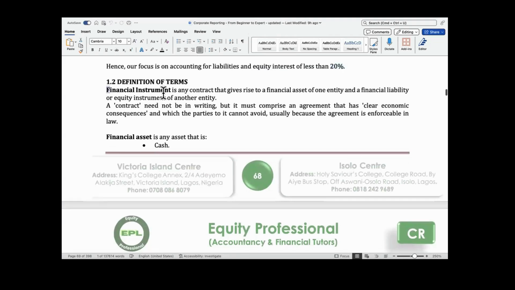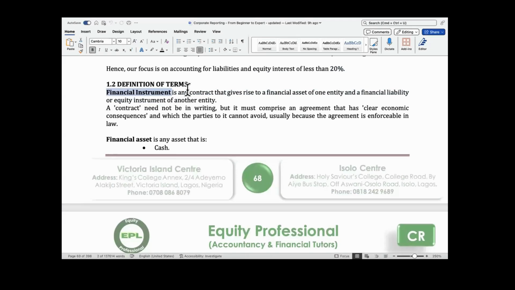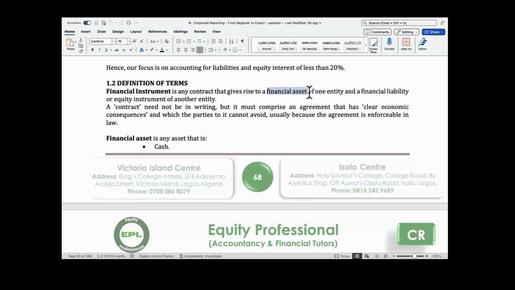IAS 32 defined financial instruments as any contract that gives rise to a financial asset of one entity and a financial liability or equity instrument of another entity. A contract. Financial instrument is a contract. And when we say a contract, it is basically an agreement between the two parties.